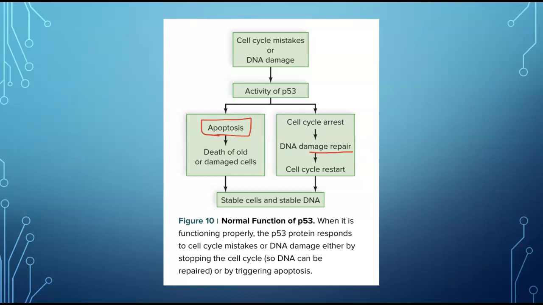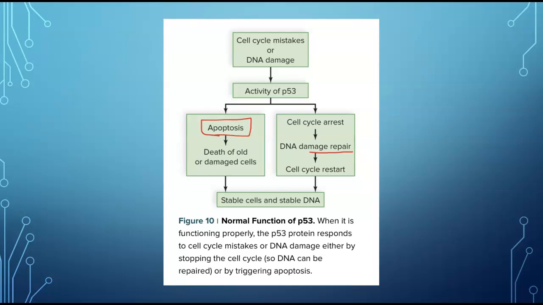P53, think about that gene kind of like spell checker. If you're writing a paper for a class or a big essay or a big long email and spell checker goes in and says mistake, mistake, mistake, mistake, you then decide: do you just scrap it and start over, or do you fix it? But imagine if spell checker's not on and you submit that email or that paper with a bunch of errors in it.